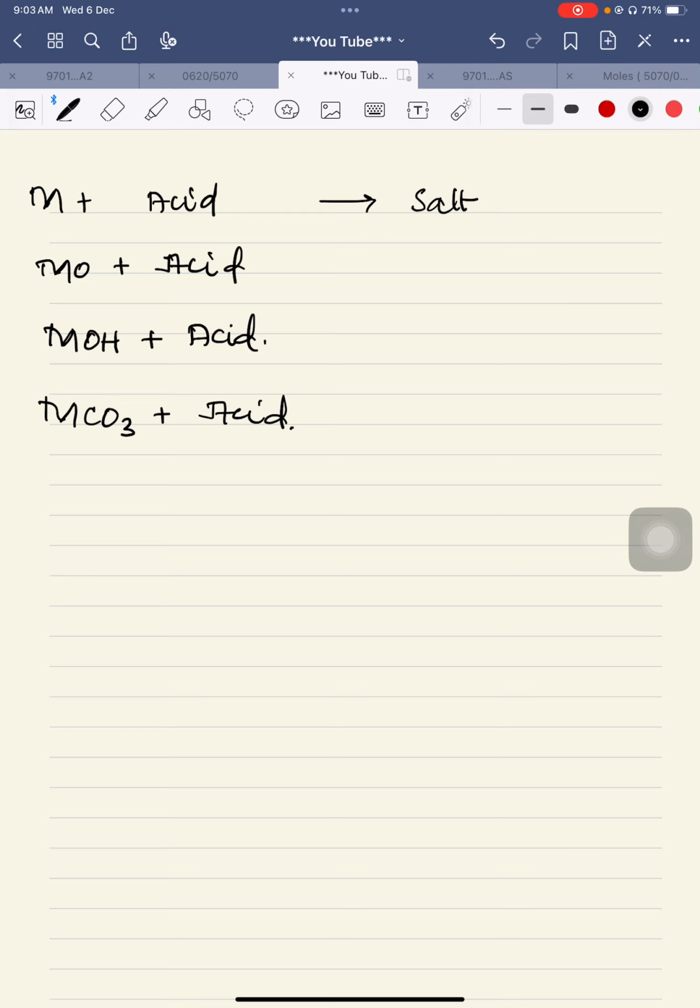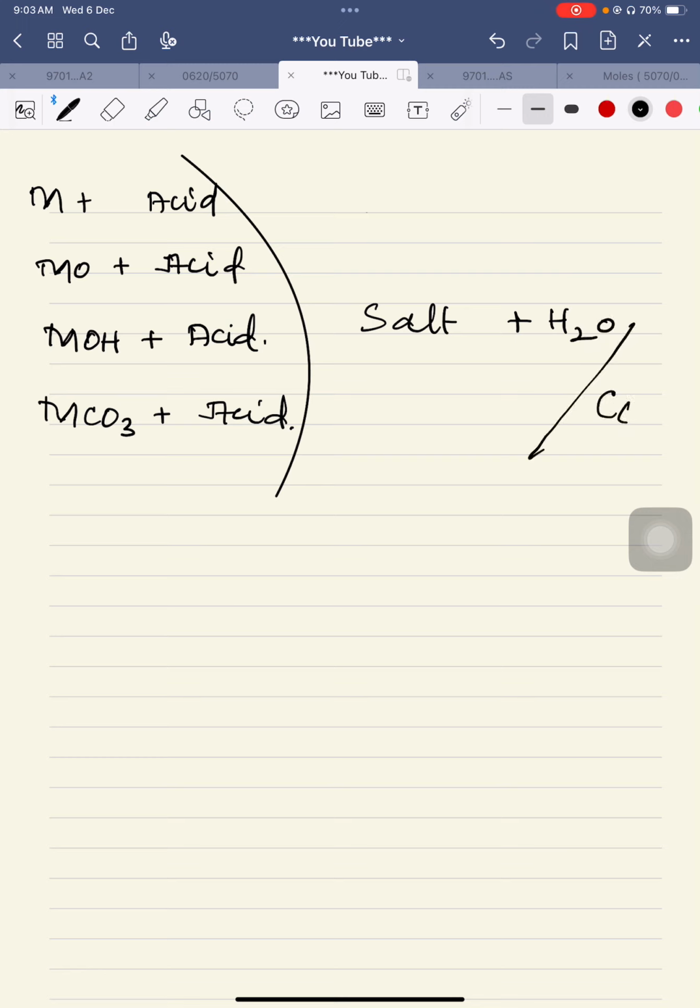But if we are going to use the first method, that is the metal and acid category, then it will not be categorized as a neutralization reaction, because in neutralization there must be a base or an alkali reacting with an acid. But in the case of metal and acid, base is missing, alkali is missing. That's why we cannot categorize it as neutralization. Now, all these categories are giving you what? They are giving you salt and water. But category number 1 is exceptional, and the carbon dioxide is exceptional.